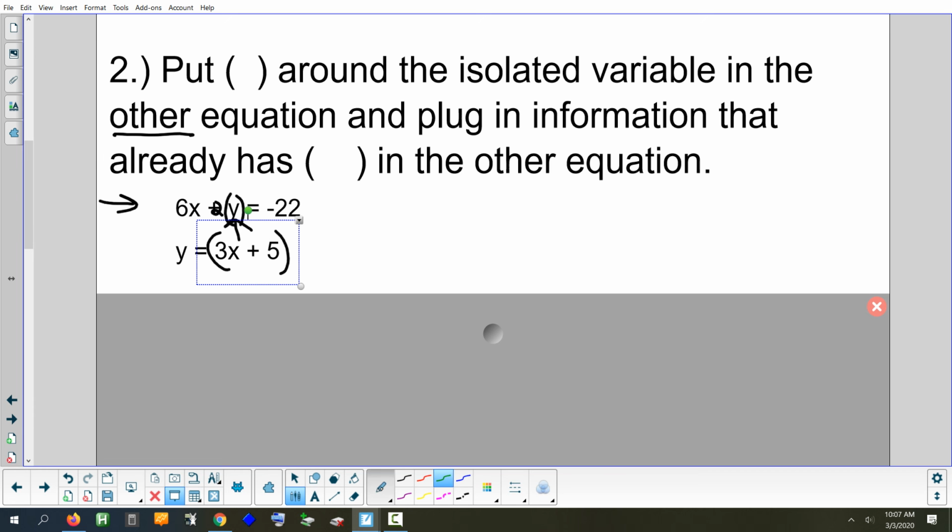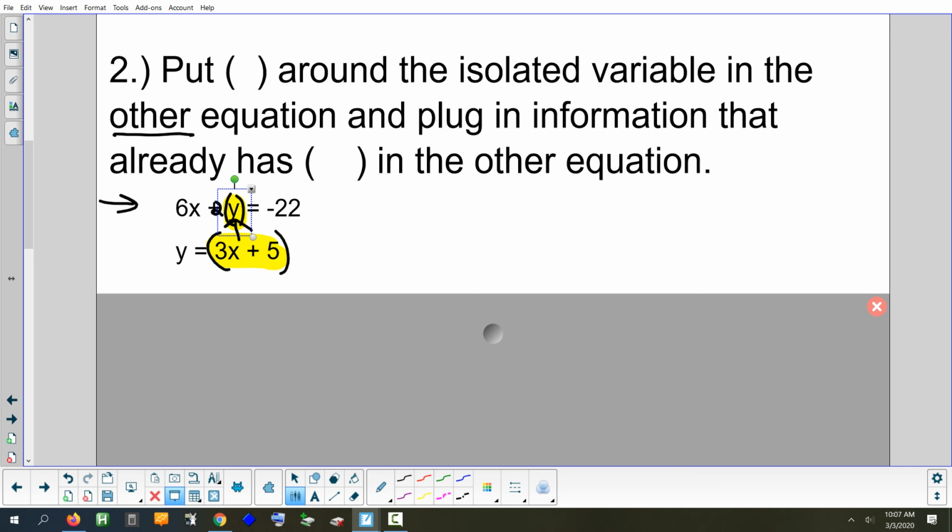So what I just highlighted is equal to y. There's a y right there. So where you see a y in the top, change it to 3x plus 5. Okay? So y equals 3x plus 5. So plug 3x plus 5 into the top for y. Everything else is going to stay the same.